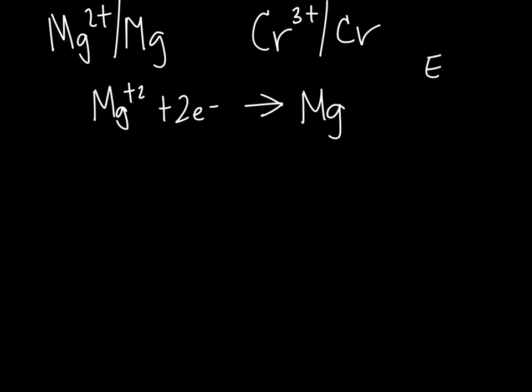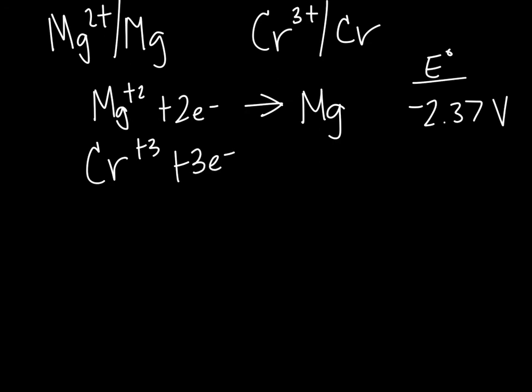And you should find that voltage here to be negative 2.37. And then the chromium is negative 0.74 volts.